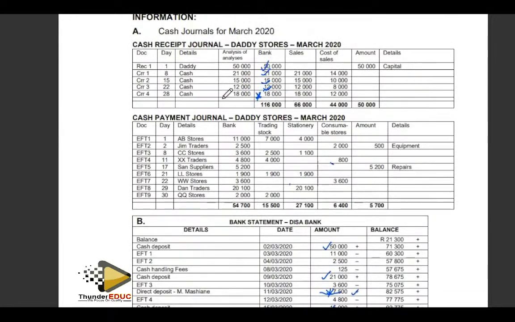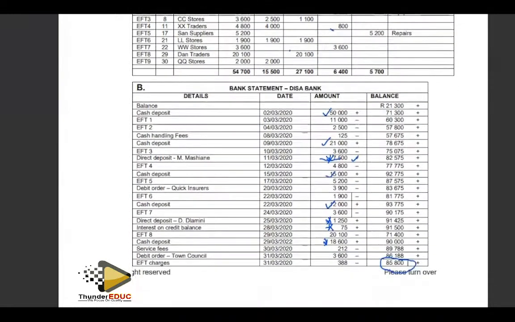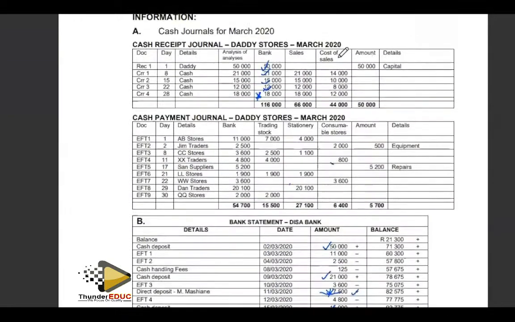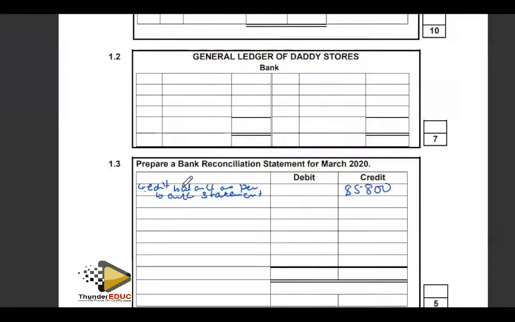Remember, our customer gave us money, but the bank never recognized that payment. They never recorded it. So we have to record it now. And how much was it? 18,000. So we have to go to the bank reconciliation statement, and then we record it there.